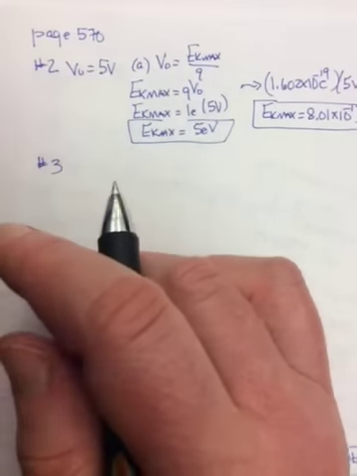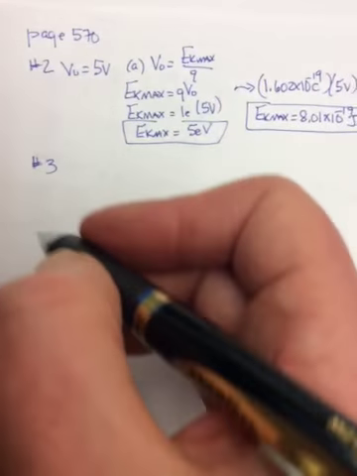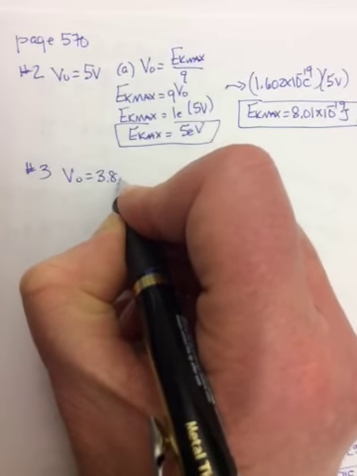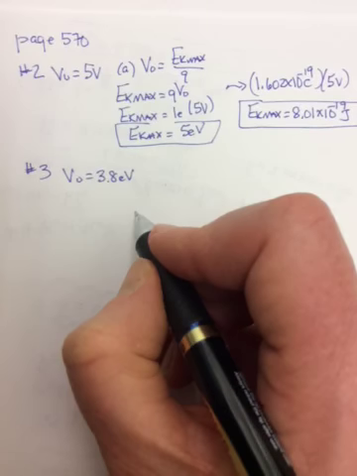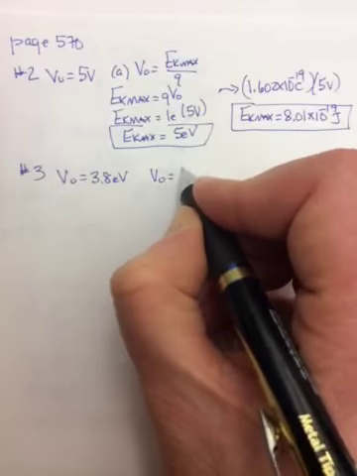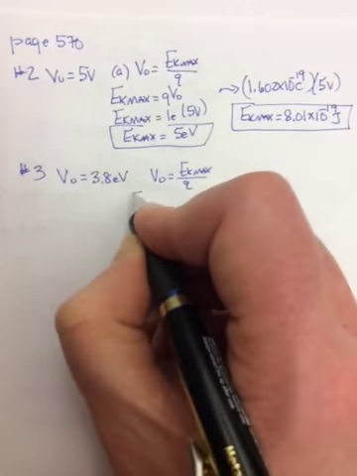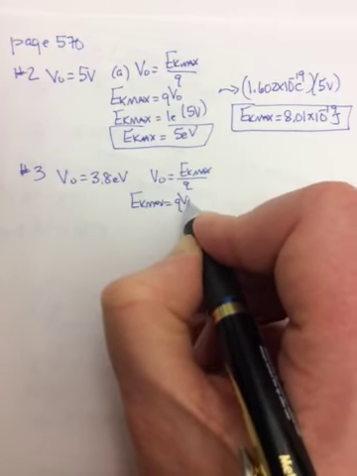Number 3 says, to block the current in a photocell, the stopping potential is 3.8 volts. So VO is 3.8. Find the kinetic energy of the photoelectrons in joules. So again, VO is equal to EK max over Q, so EK max is equal to Q times VO.